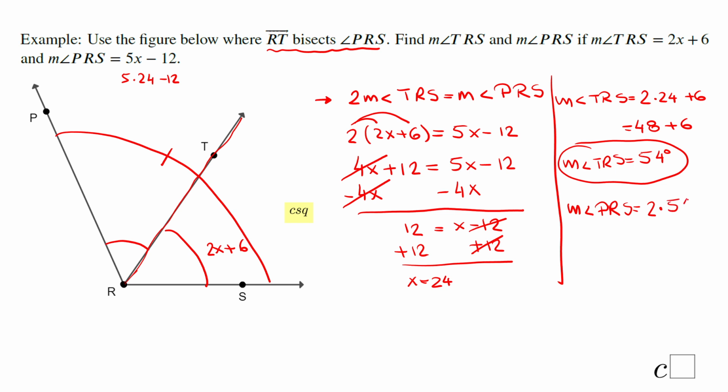I think that's the easy way, and that'll be 108 degrees. That's the measure of angle PRS. Of course, you may want to check if that's correct by looking here. 5 times 24, that will be 5 times 4, 20, and 5 times 2, 120, minus 12. Yep, that is 108. So we checked it very fast.